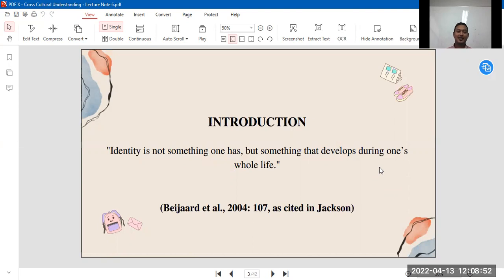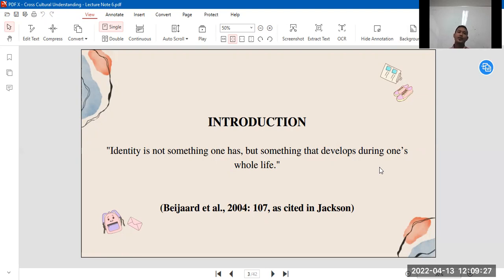Identity is not something one has, but something that develops during one's whole life. Well, identity is a principal topic in the study of language and intercultural communications. Our sense of self and also position in the world impact our relationship with other human beings.